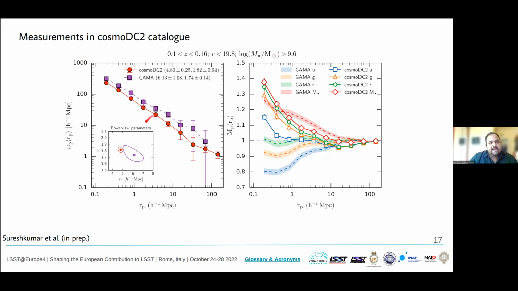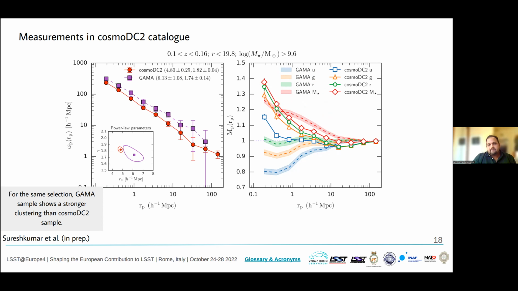On the left panel are the two-point correlation functions, with the red one being for DC2 and the violet squares for GAMA. Even for the same selection, the GAMA sample shows stronger clustering than DC2. On the right panel are the Mark correlation functions for u, g, r band luminosities and stellar mass, with the shaded curves for GAMA and the markers for DC2.